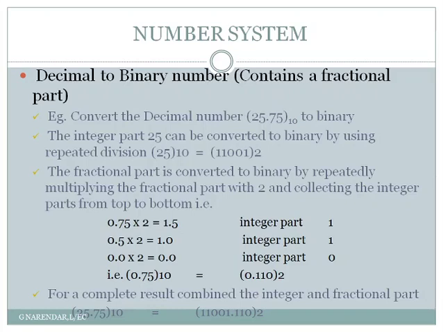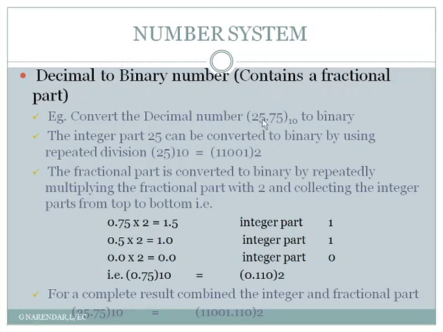The integer part equivalent can be found by using repeated division. Next we take the fractional part and multiply it with 2. In the result, you separate the integer part, and whatever fractional part remains is again multiplied with 2. From that result you again separate the integer part, and the fractional part is multiplied with 2 again, and so on. We'll illustrate this.